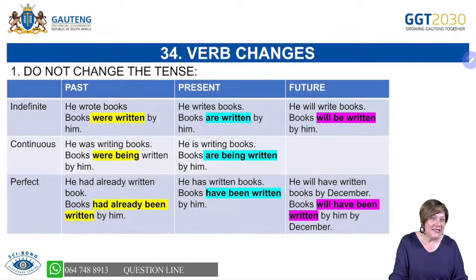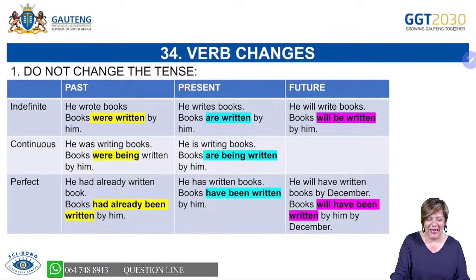Now, if you look at the continuous tenses, past and present, you see the format looks a little bit different. Now remember, we have an ing there. He is writing books. We need to keep that ing in some way. And the best way to do that is by using being, B-E-I-N-G.